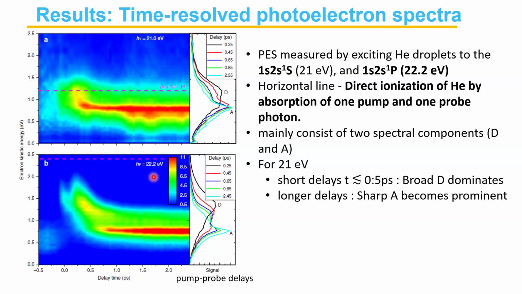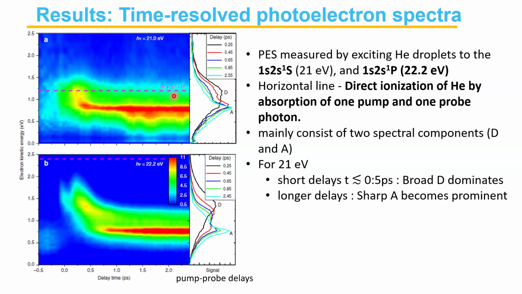So in the plot, as you can see, the y-axis is the electron kinetic energy versus the delay time. The horizontal line over here represents the direct ionization of helium by absorption of one pump and one probe photon.